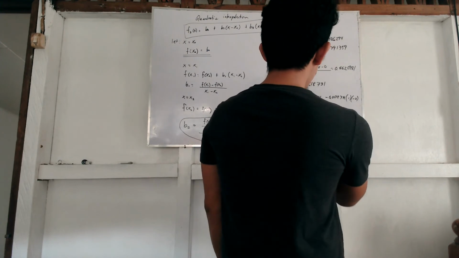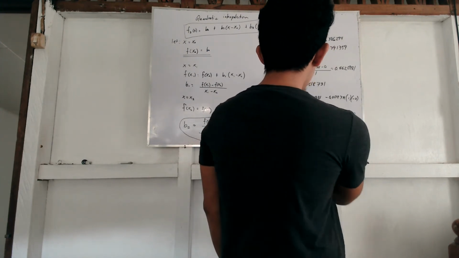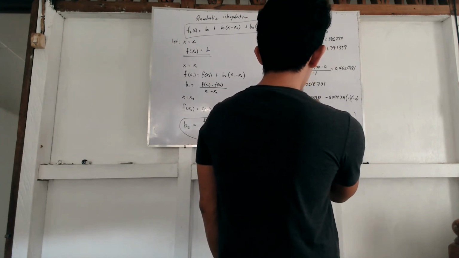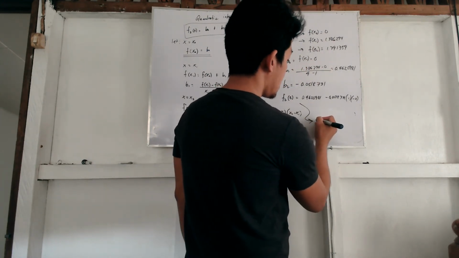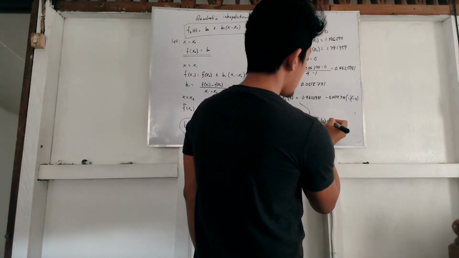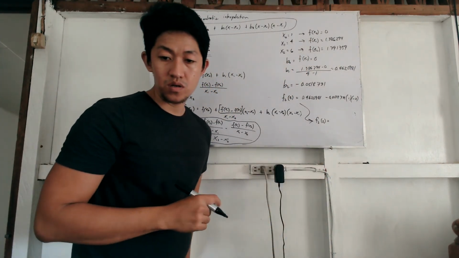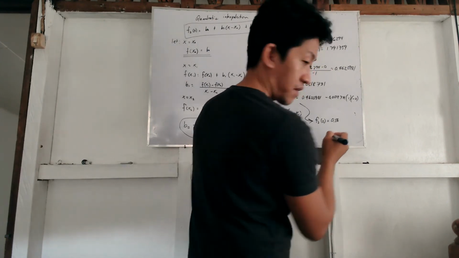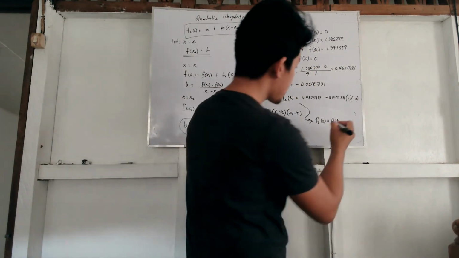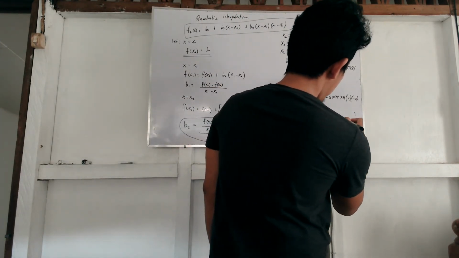Okay? Therefore, you'll arrive at a value of f sub 2 of 2, a value of 0.565844.